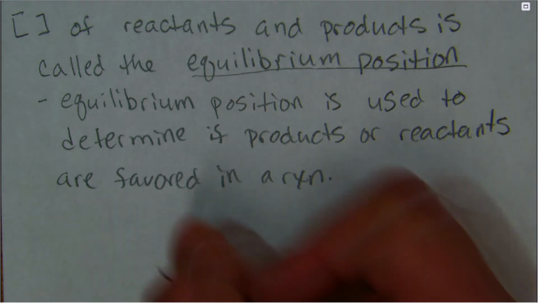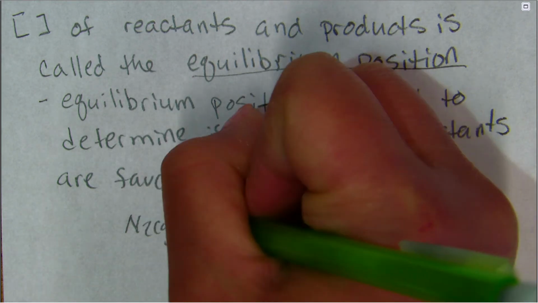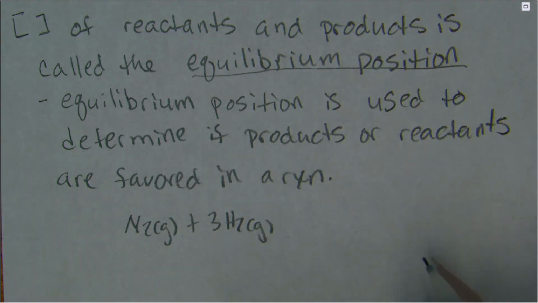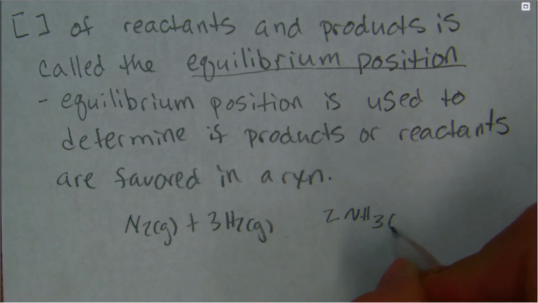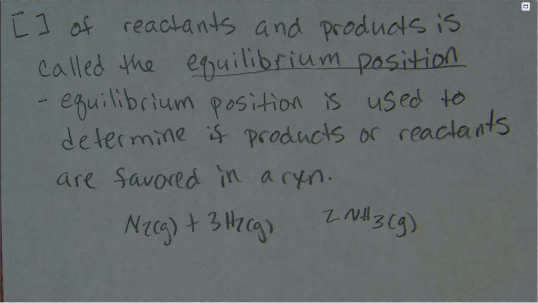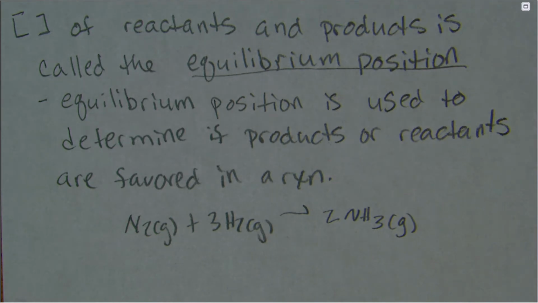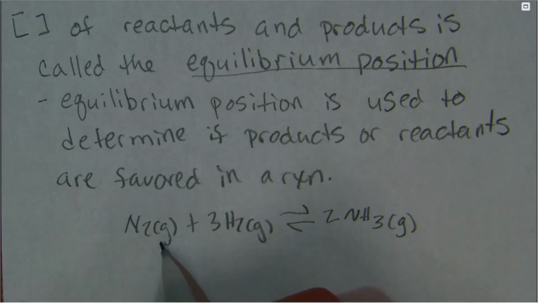If we look at an equation, nitrogen gas plus hydrogen gas forms ammonia gas. The forward reaction is going from reactants to products. The reverse reaction is going from products to reactants.